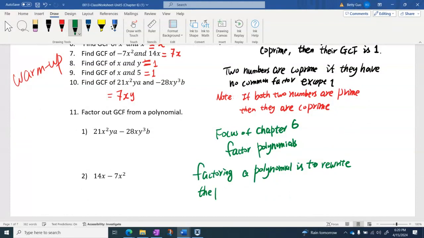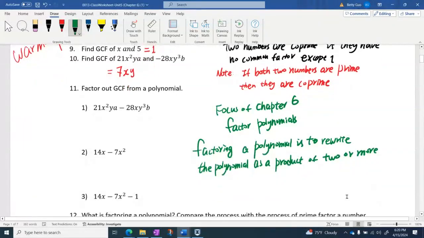Factoring a polynomial is to rewrite a polynomial as a product of two or more lower degree prime polynomials.